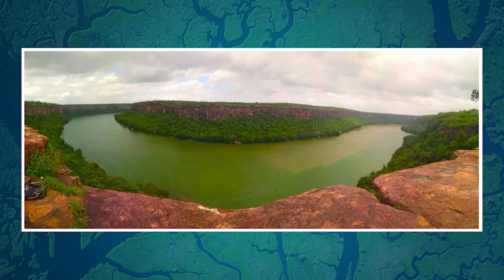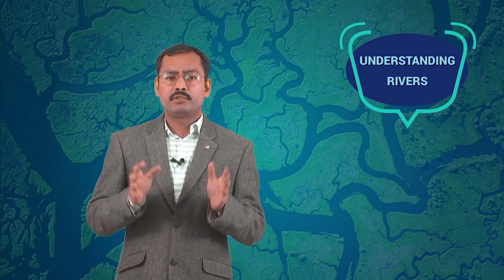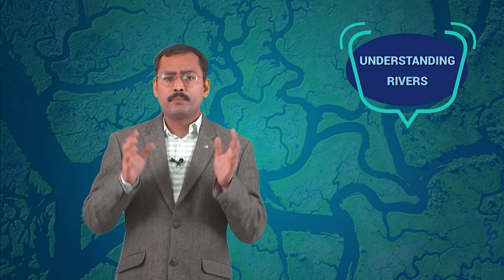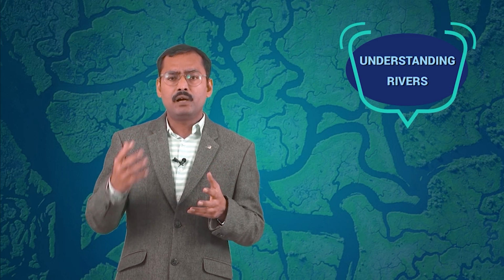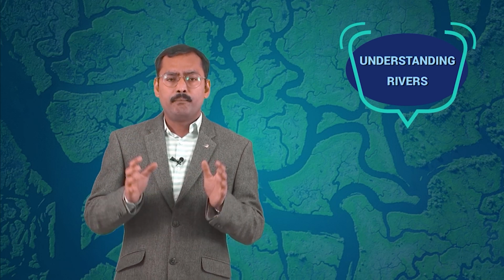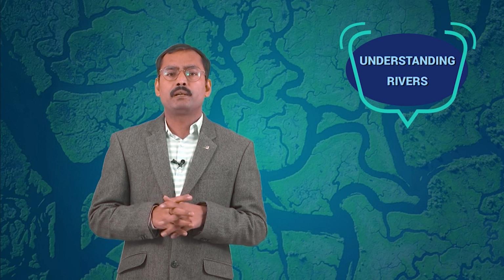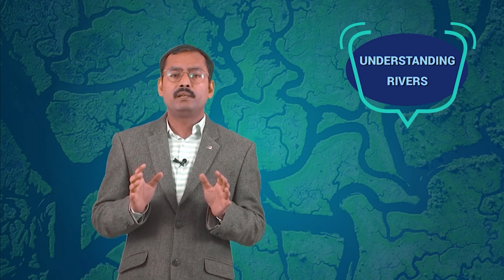But due to shrinking forest cover, stone quarrying, open cast mining, and unabated groundwater exploitation, the majority of such streams have become seasonal, or they have been completely wiped out.